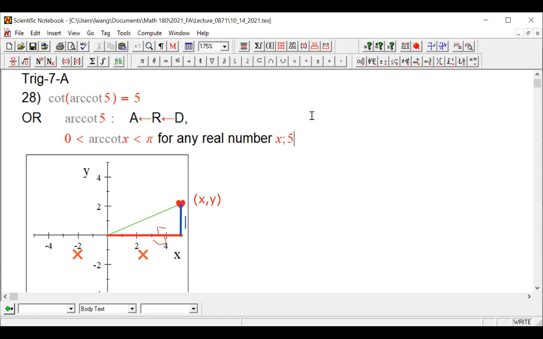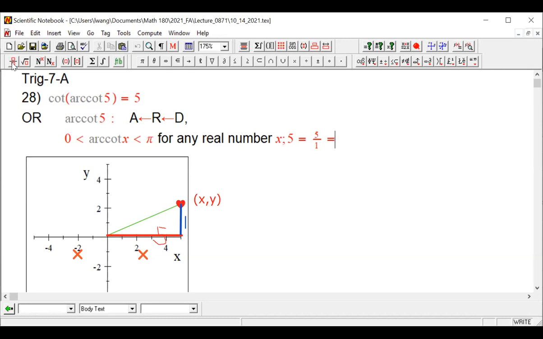What are you confused about? 5 equals 5 divided by 1. It's a ratio of the red number over the blue number. So that's how we get the 5, 1. I think she's confused because it goes up to 2 on the graph.